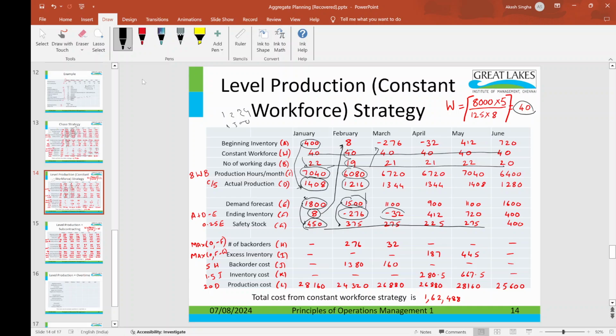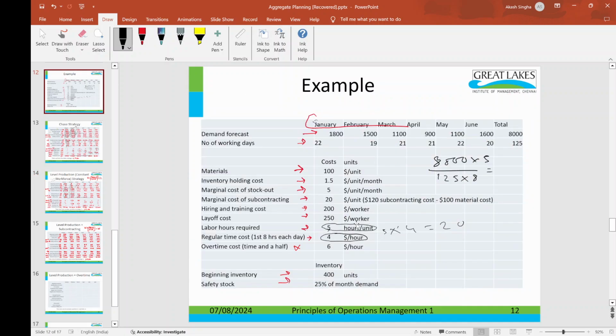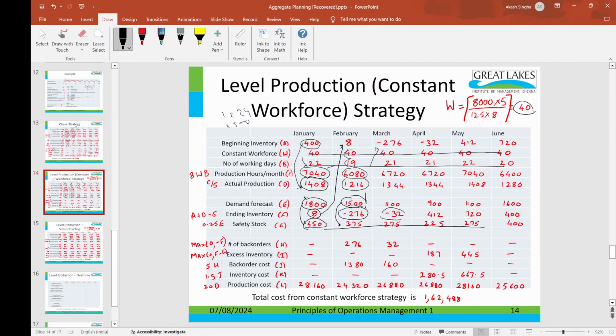That is given at the beginning: inventory holding cost is $1.5 per unit per month, and marginal cost of stock out is $5 per unit per month. Using that, the number of back orders is the negative ending inventory, so 276 and 32.